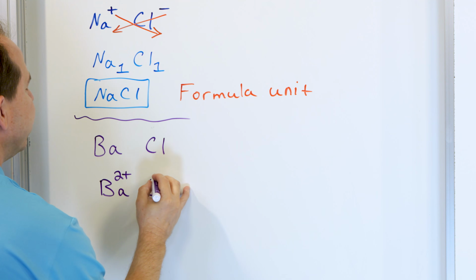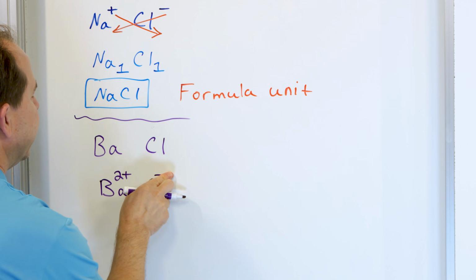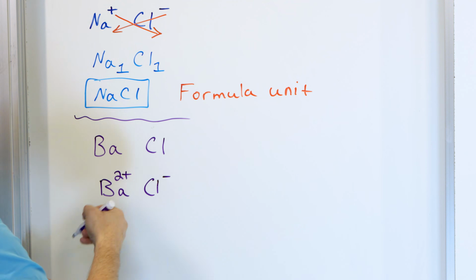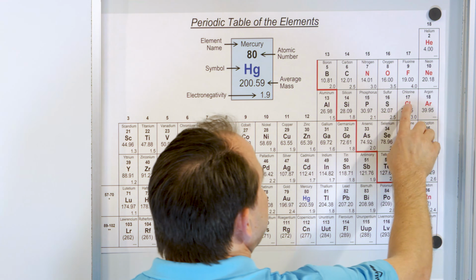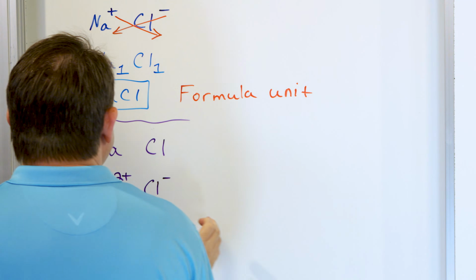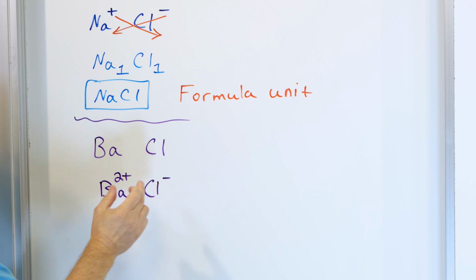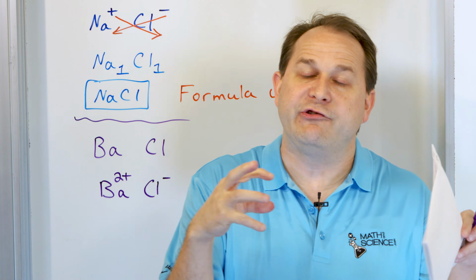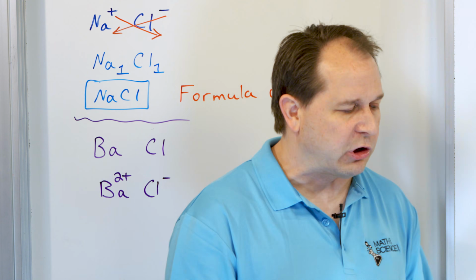Chlorine is always going to want to accept only 1 electron. Sorry about that, chlorine with the negative sign out there. Chlorine is always trying to gain 1 electron. So these things want to attract each other, right? Because this is a positive charge and this is a negative charge. But when they attract each other and form the lattice, they always want to have an overall neutral charge, right?